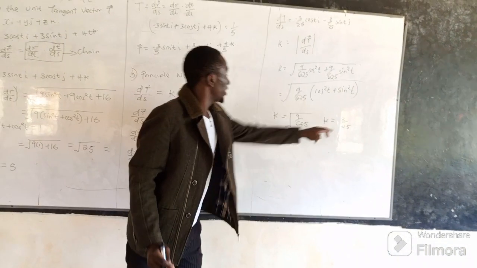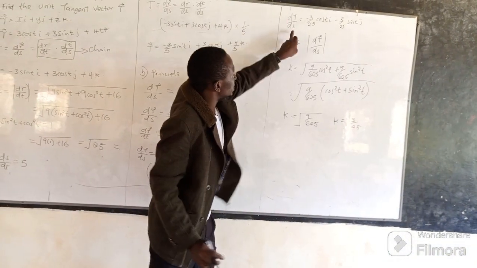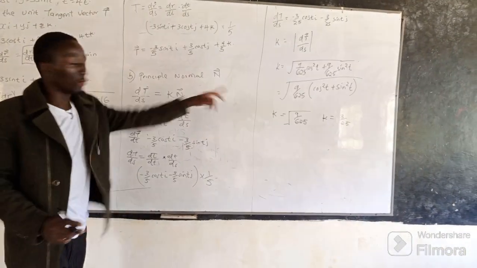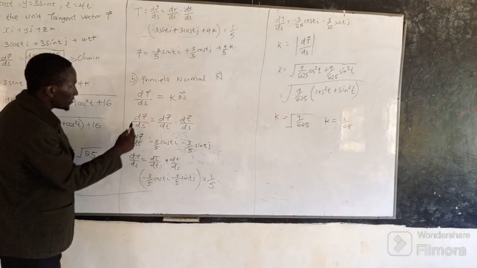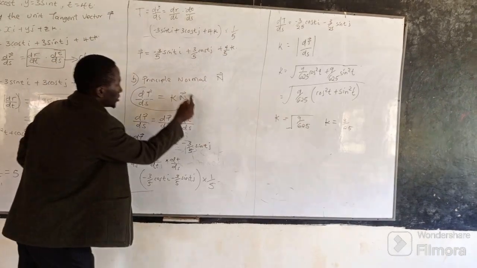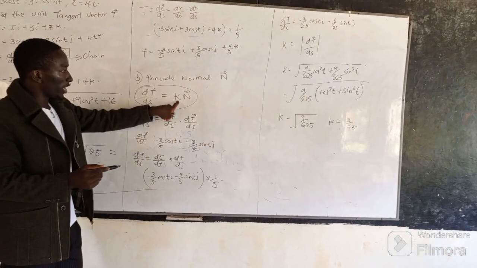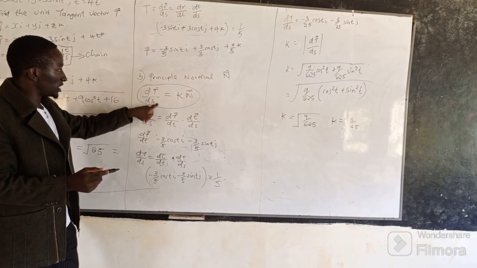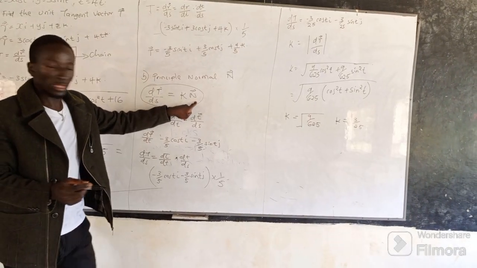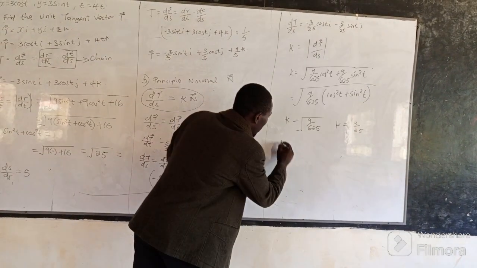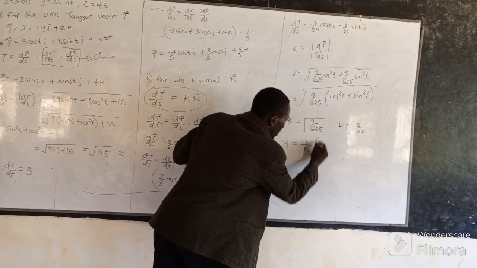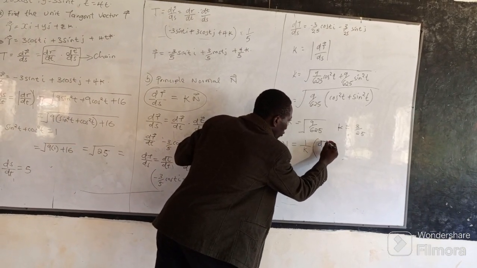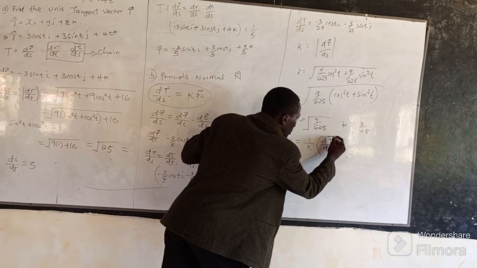I'm having the value of k, and I'm having the value of ds/dt, so now I can find the value of the normal. This is from the first Frenet-Serret equation. I'll use this formula: N is equal to 1 over k into dT/ds.